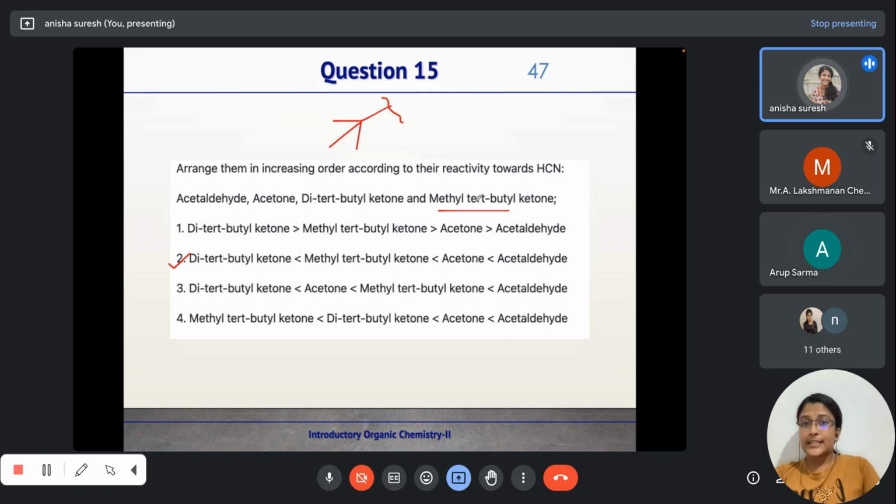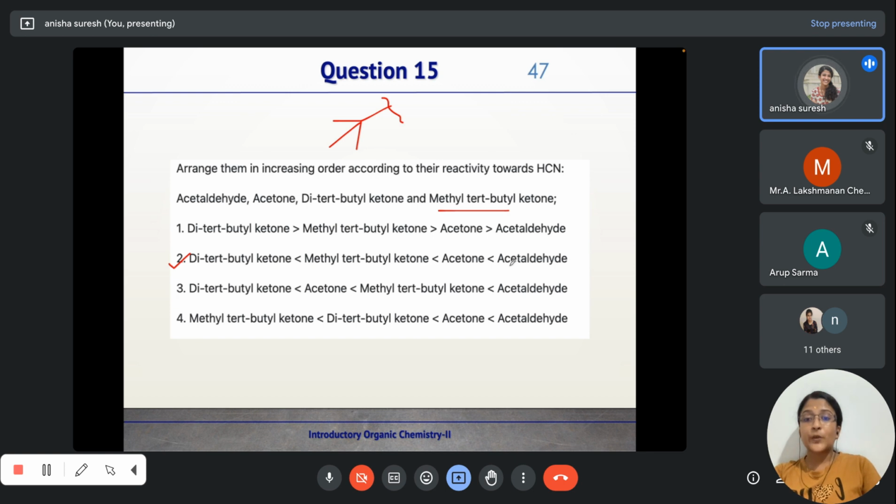So when we arrange them in order of reactivity towards HCN, acetaldehyde will be the most reactive one. Then comes acetone, then methyl tert-butyl ketone, and then di-tert-butyl ketone. So the correct order will be: di-tert-butyl ketone has less reactivity than methyl tert-butyl ketone, less than acetone, less than acetaldehyde.